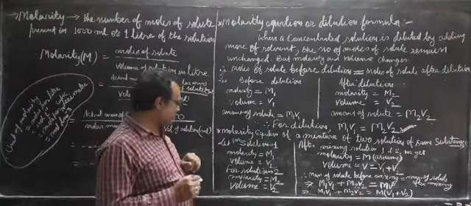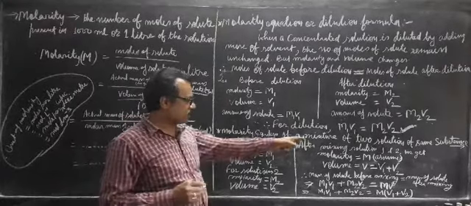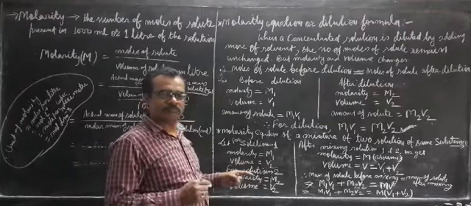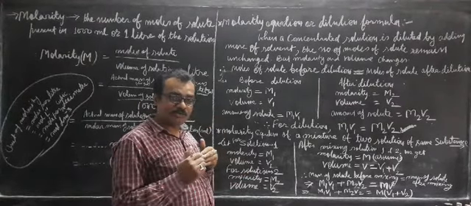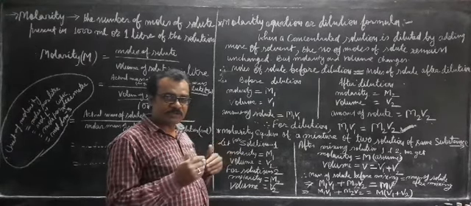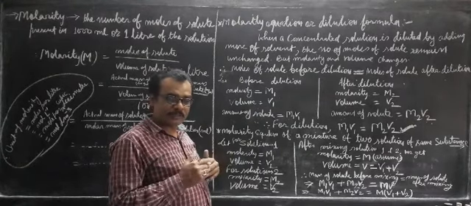Now let us see the molarity equation for a mixture of two solutions of the same substance. Same substance means HCl mixed with HCl, sodium hydroxide mixed with sodium hydroxide, nitric acid mixed with nitric acid, sulfuric acid mixed with sulfuric acid.